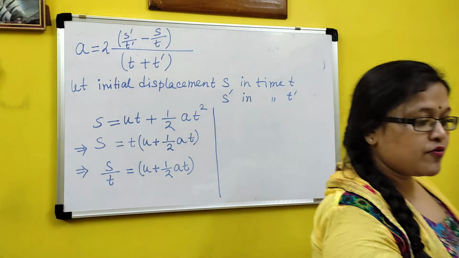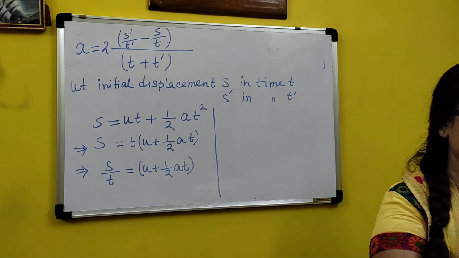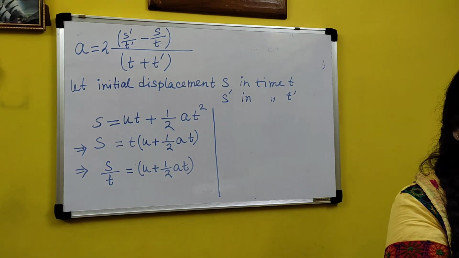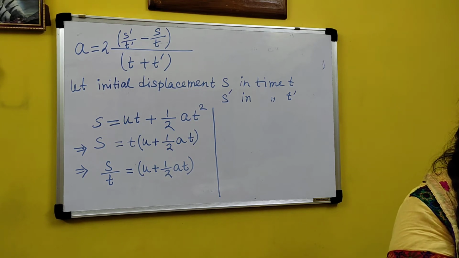Now coming to the next one. It covers a distance s and s prime in consecutive intervals of time t and t prime. Clear?